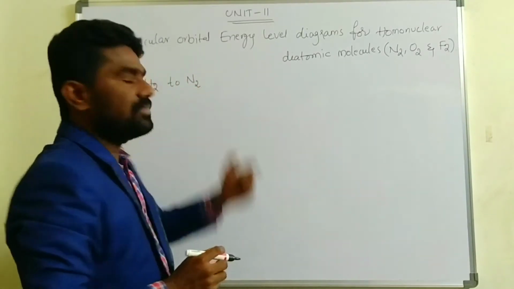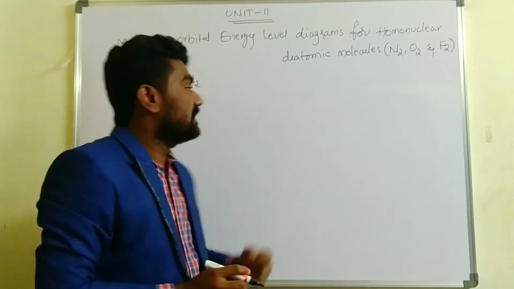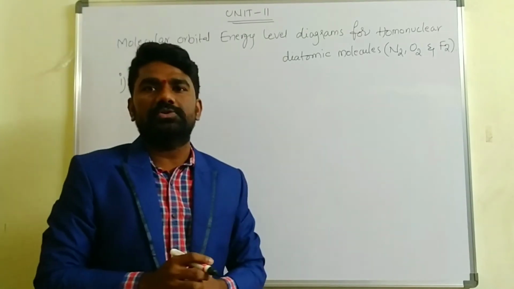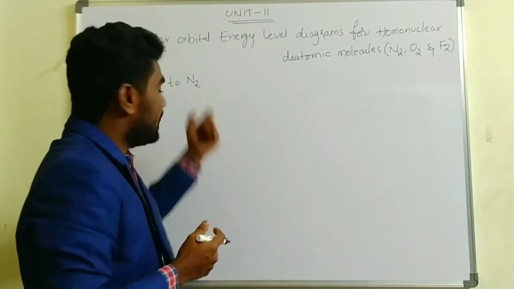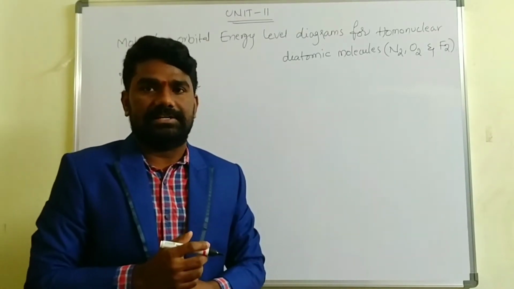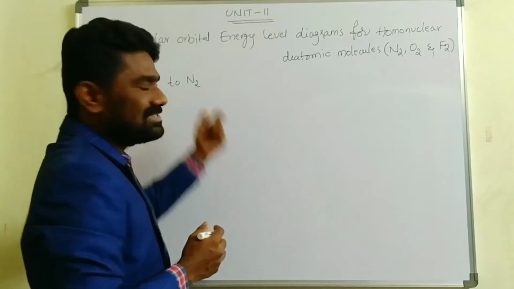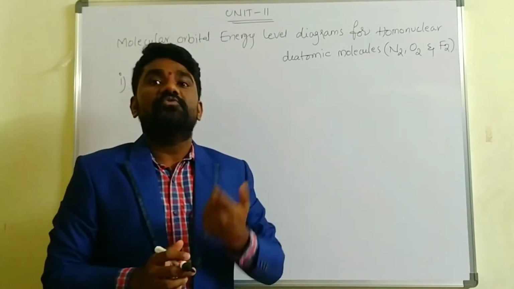For one nitrogen atom we have 7 electrons, and N2 has two nitrogen atoms, so we have 14 electrons, isn't it? So the maximum electrons in nitrogen is 14.